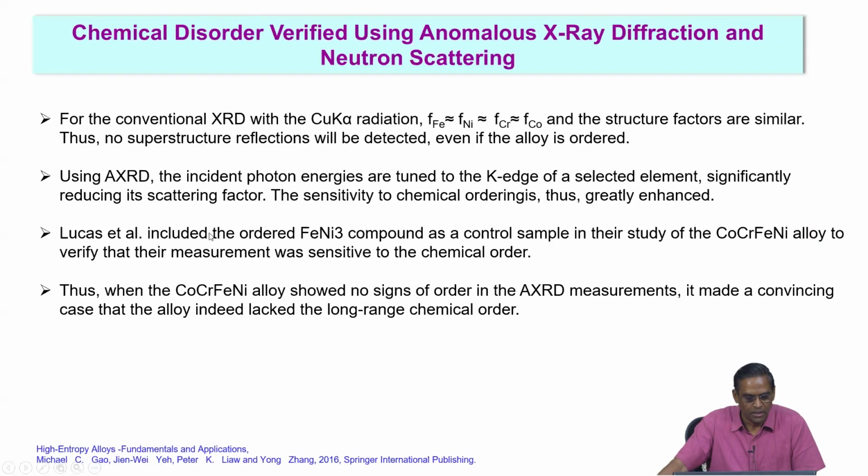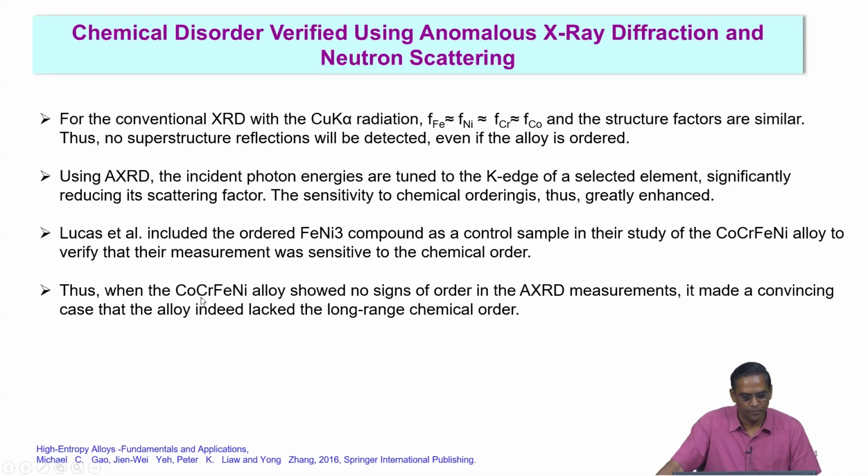Lucas et al. introduced the ordered iron nickel compound FeNi3 as a control sample in their study of the cobalt, chromium, iron, nickel alloy to verify that their measurement was sensitive to chemical order. So, it is a kind of reference sample to check what kind of order exists in this cobalt, chromium, iron, nickel alloy.